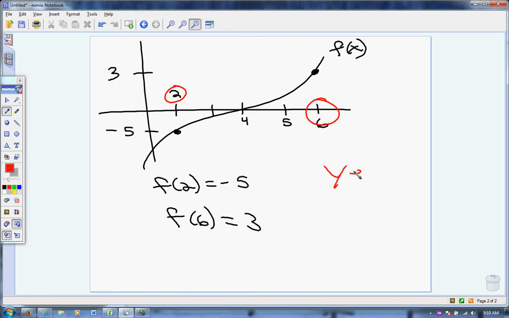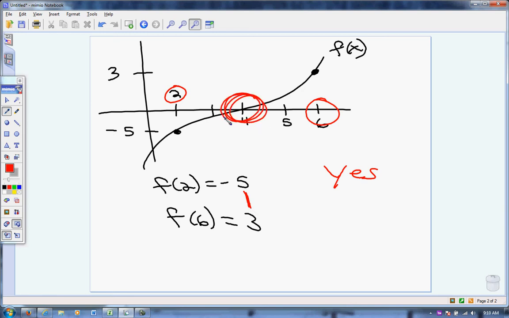Do you see why? The intermediate value theorem says that it takes on all of the y values between negative 5 and 3. Can I go from negative 5 to 3 without going through 0? I can't. I have to go through 0 at least in one place.